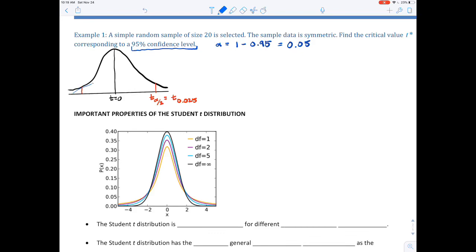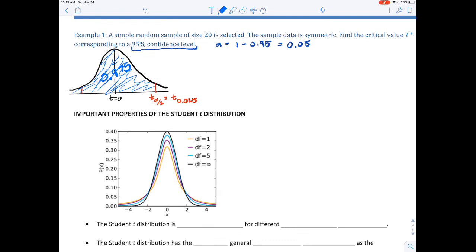And that corresponds to an area from the left of 0.975.